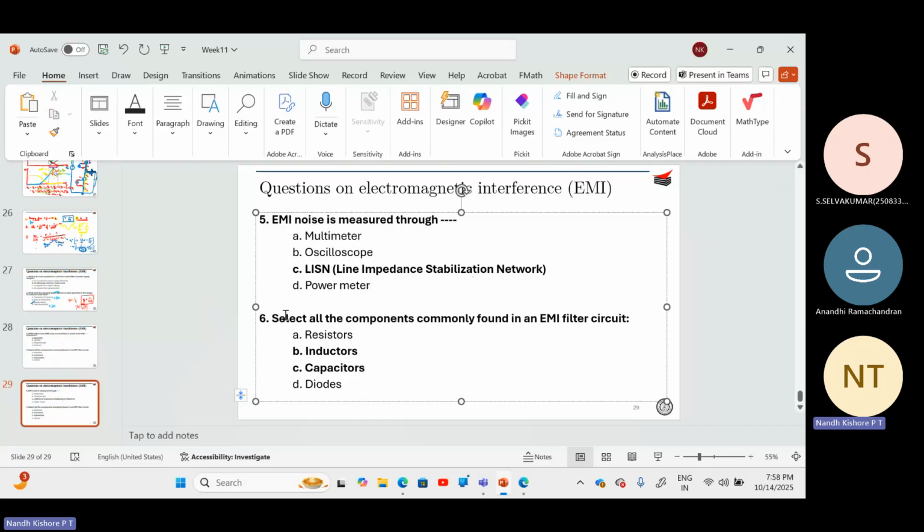Okay, very easy question. In a low pass common mode filter, the reactive element employed is a dash: capacitor, inductor, common mode choke.